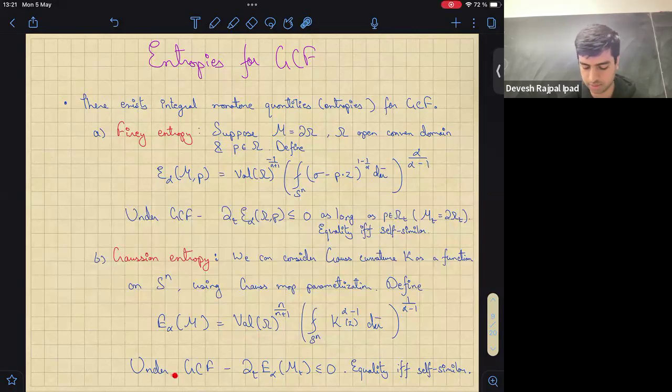Under GCF, this entropy is monotone as well. So its time derivative is decreasing, and strictly decreasing if you're not on a self-similar solution. This is slightly different from the entropies I gave in my previous talk, if you attended, but it's only a change of sign.